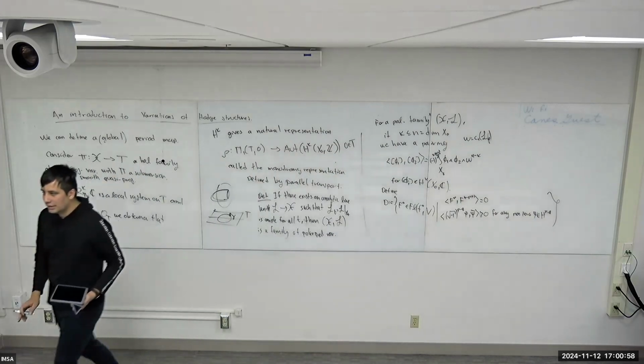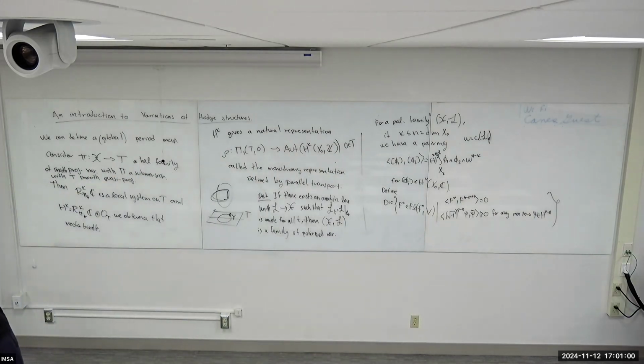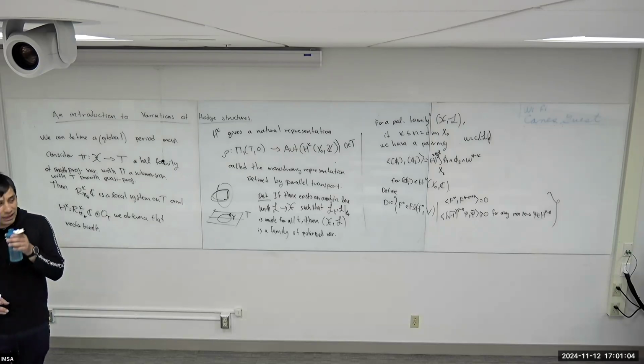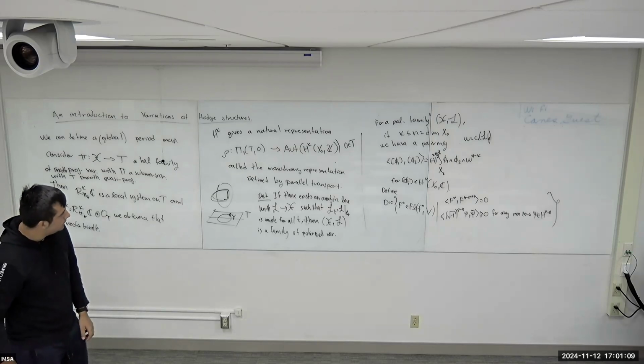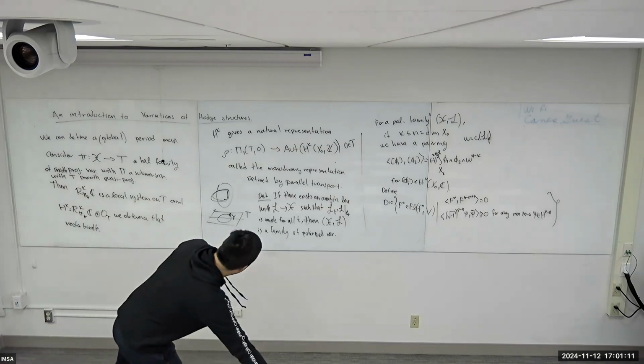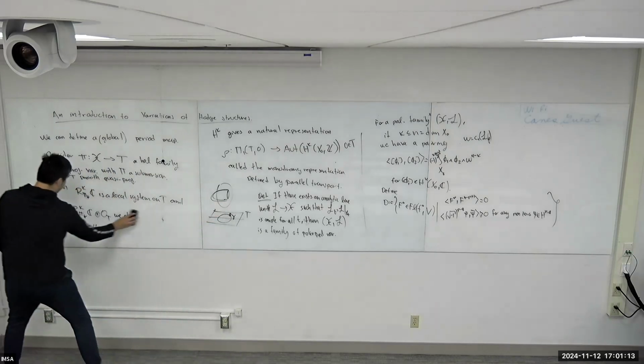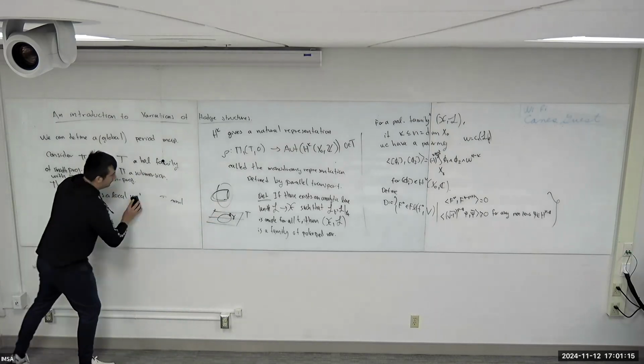Otherwise, you need to modify the pairing. Yes, just let me skip this for time. You're right, because otherwise that can be 0, and that's not going to define something.